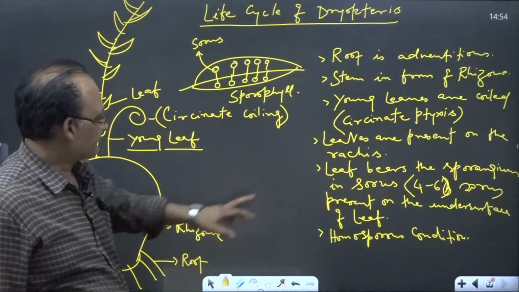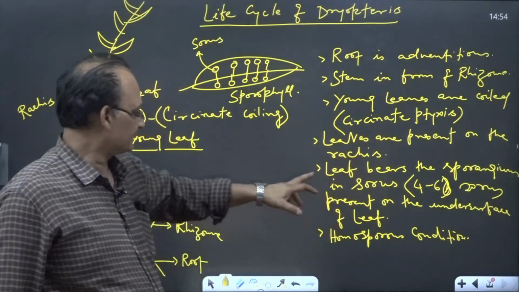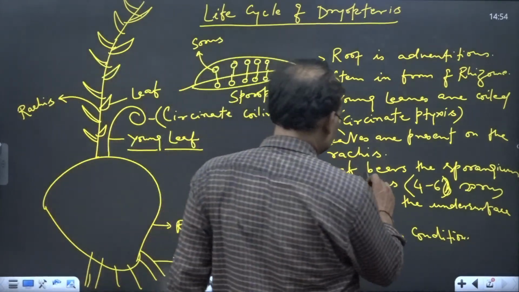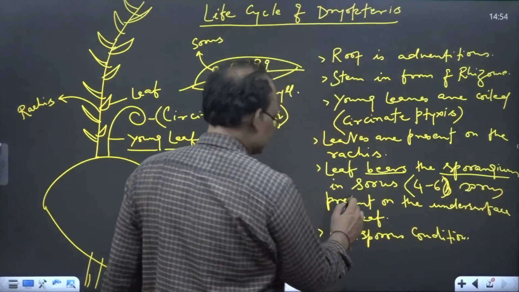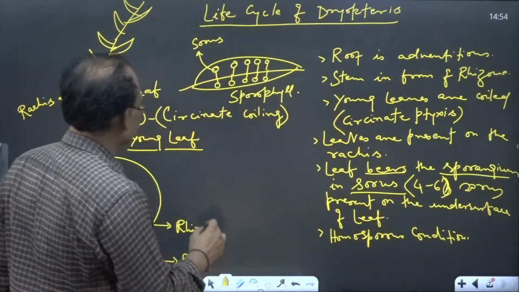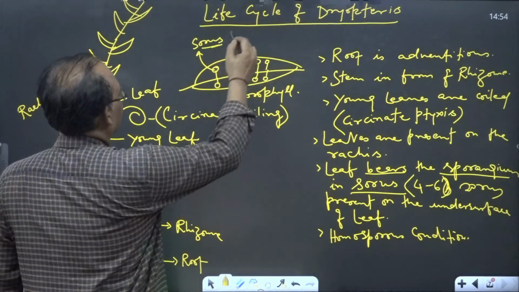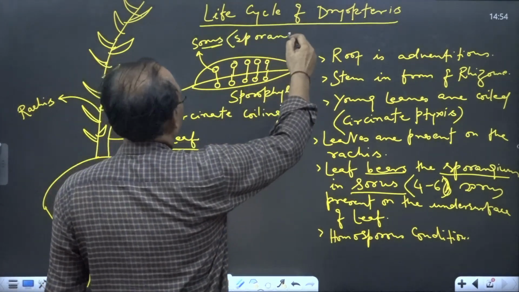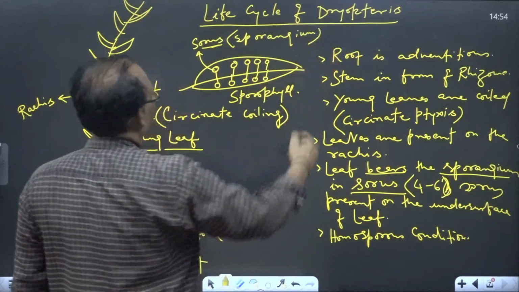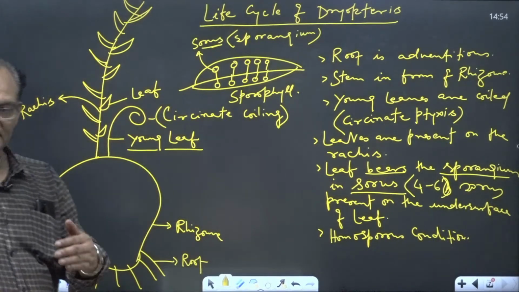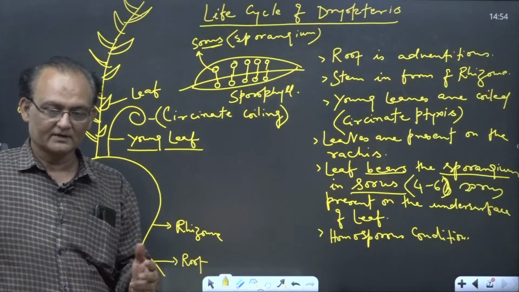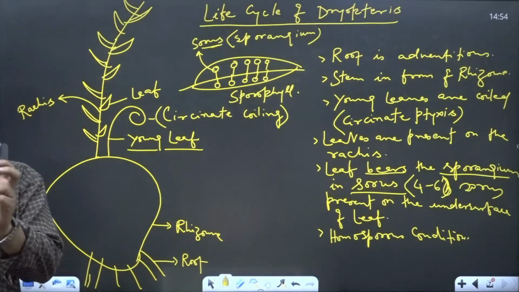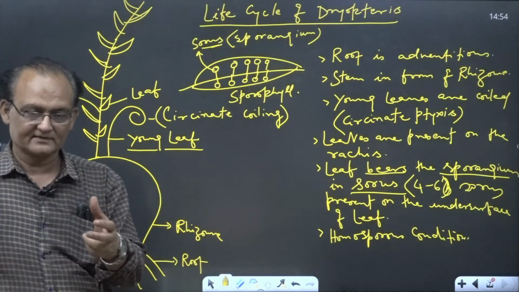Now, leaves are present on the rachis and leaf bears sporangium in sorus. This structure is sorus and this sorus contains sporangium. And this sporangium contains spores. In the sporangium there is a presence of spore mother cells, right?